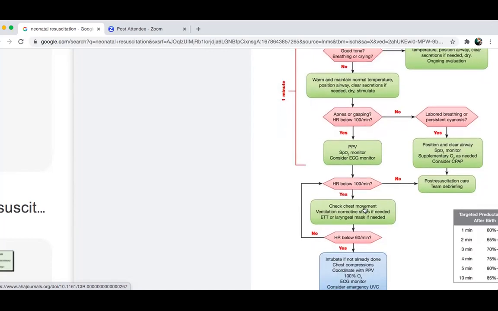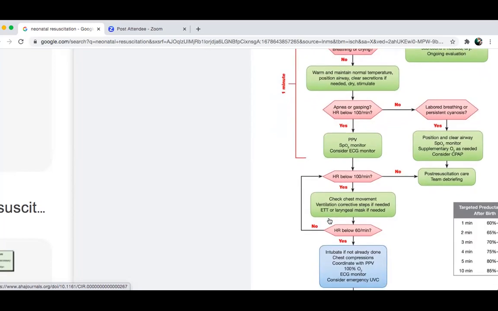Check chest compression, chest movement, if the baby is breathing properly, or there is something stuck in the throat, maybe that is not allowing proper airway inside and outside. So ventilation corrective steps if needed. Then what you are going to do is basically pass the ETT tube, maybe having tracheoesophageal fistula, any atresia happening inside the trachea. So all of these are things that are going to be ruled out, and then after that you are going to pass the ETT.